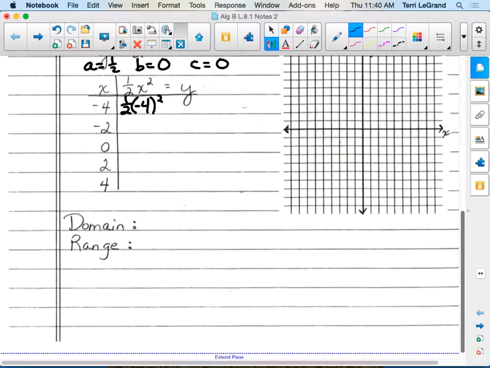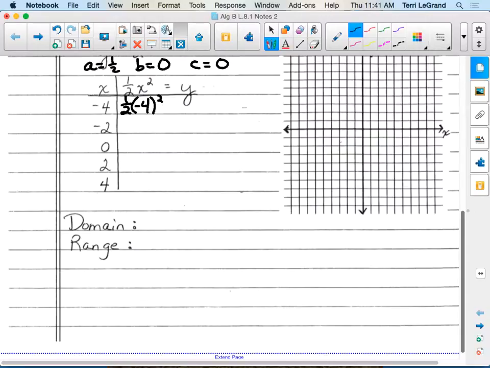Is -4 times -4 -16? No. So now would you put them in parentheses? Parentheses -4. Parentheses squared. Do it. Parentheses -4. Parentheses squared. What'd you get?